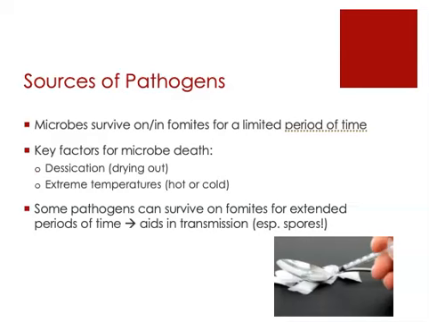particles on them. And the truth is that the SARS-CoV-2 virus, while it can survive on surfaces for a short period of time, it has not turned out that fomites are a big source of spread.